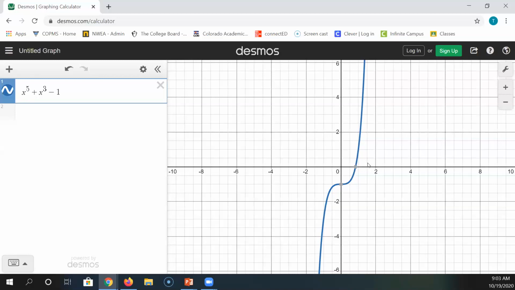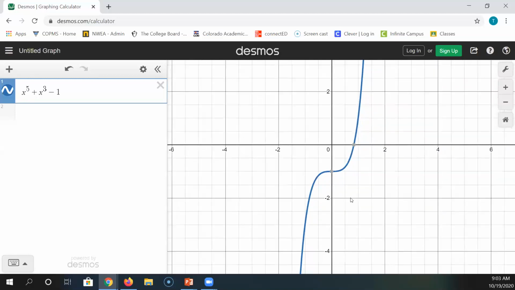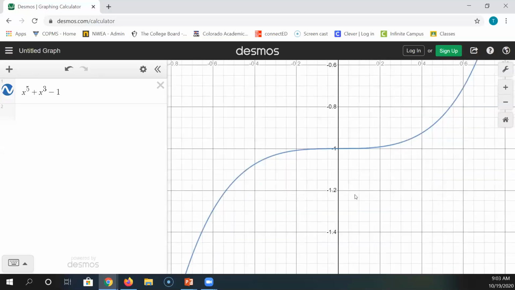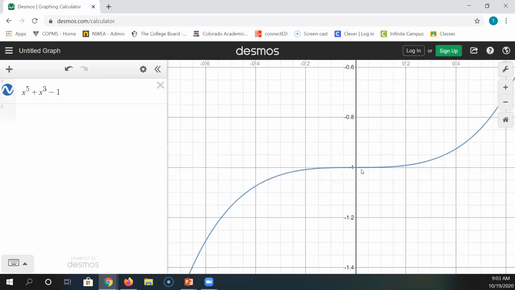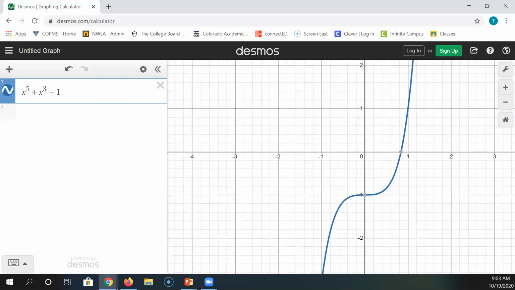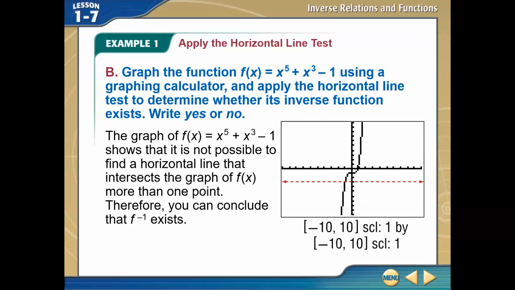So this one at first glance really looks like we would, but if we zoom way in, you can kind of see that we're off by millionths. So this one would pass the horizontal line test, and we can conclude that this one would have an inverse function.